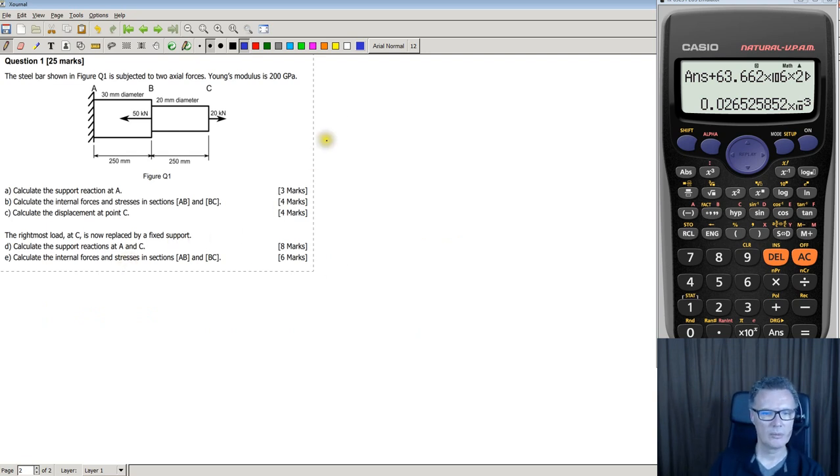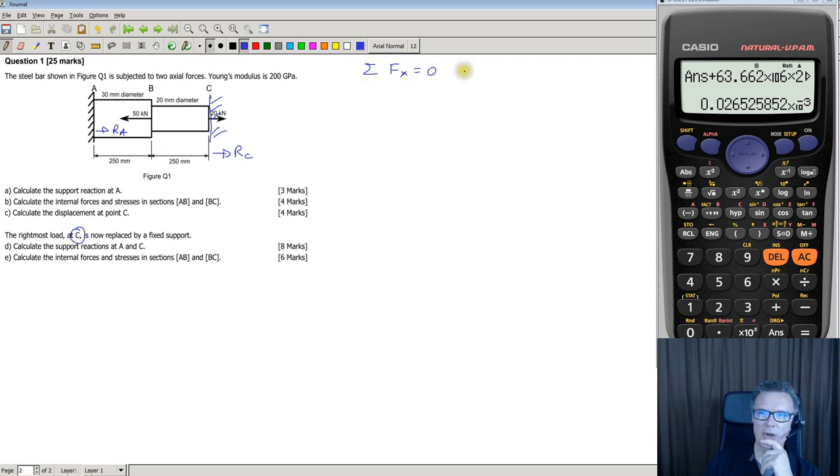Right, so calculate the reactions of A and C. Well, that's a bit tricky because I've only really got this to work with at the moment. I've fixed location C, so imagine that I've got a kind of wall at that position. So we have reaction RA, and we have another reaction, bizarrely, at a point where we're actually applying a force, which is a bit weird, RC there.